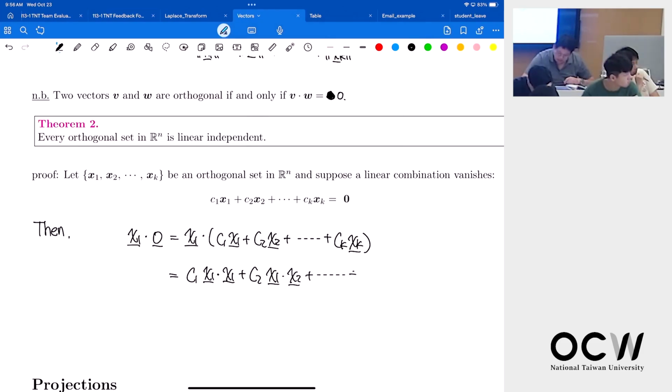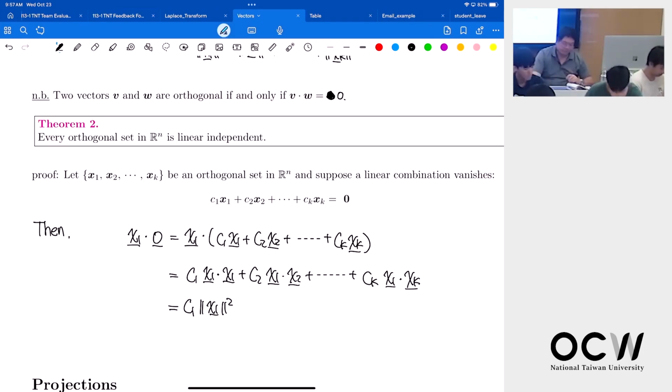The last one will be ck x1 dot xk. What is c1 x1 dot x1? The norm of x1 squared times c1. Then x1 dot x2.